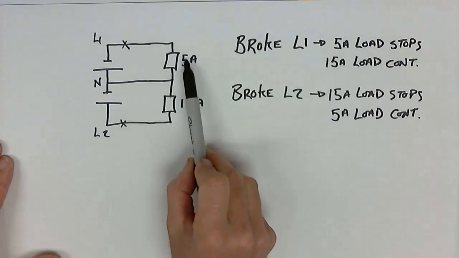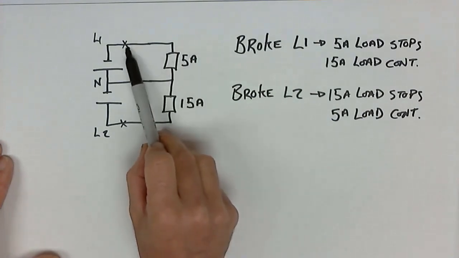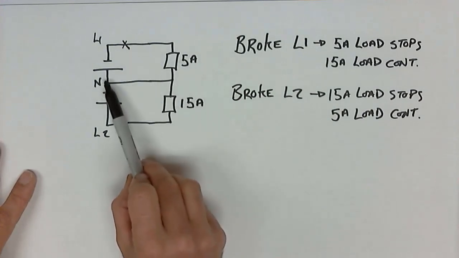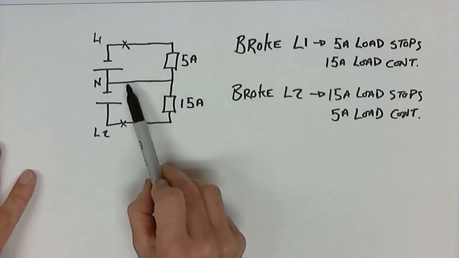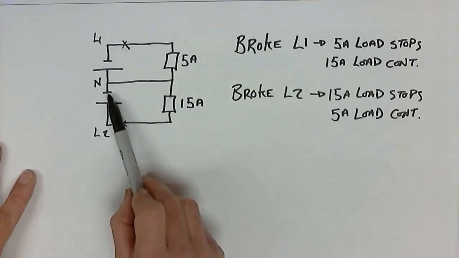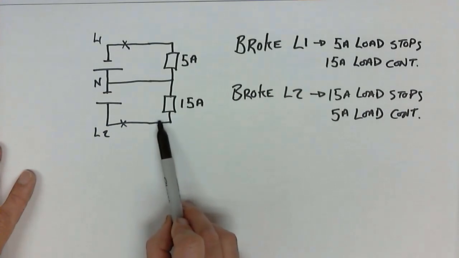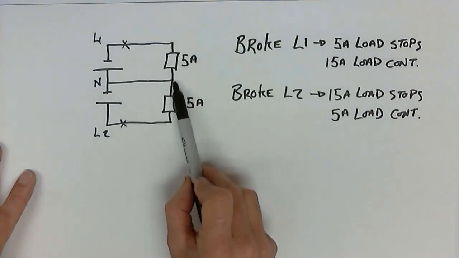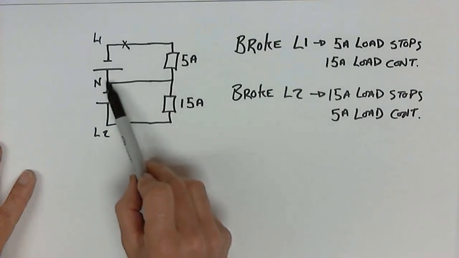All that happens is that whichever load is connected to that line conductor ceases to operate, it de-energizes, and then the neutral would carry the remaining load, which means if L1 broke, 15 amps would be flowing through the neutral and down here. If L2 broke, only 5 amps would be flowing through the neutral.